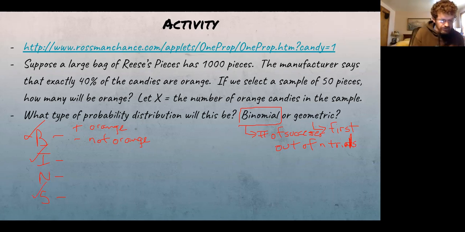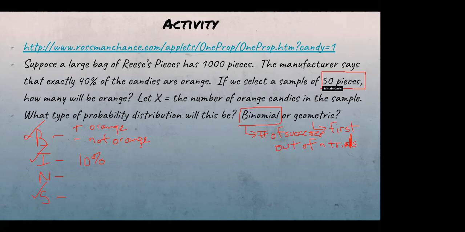These are affected by that 10% condition, the 10% rule. So as long as we're not pulling more than 10% of the entire population. We've got a sample of 50, but is that more than 10% of the population? No. It's 5%.